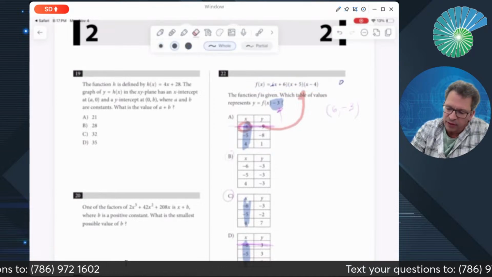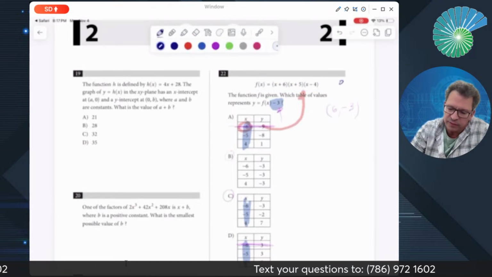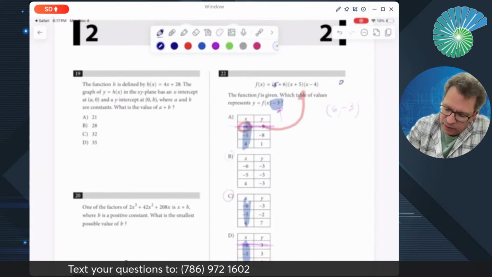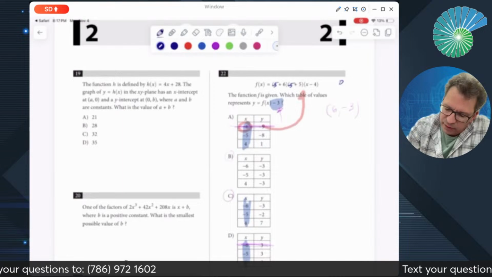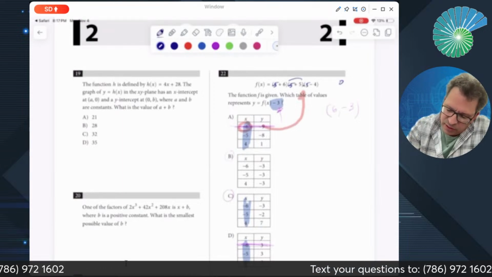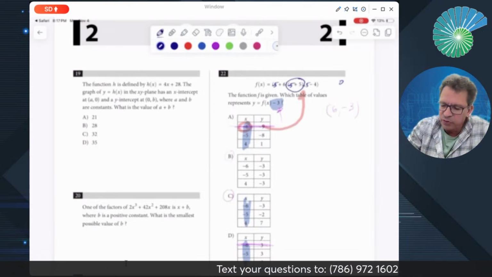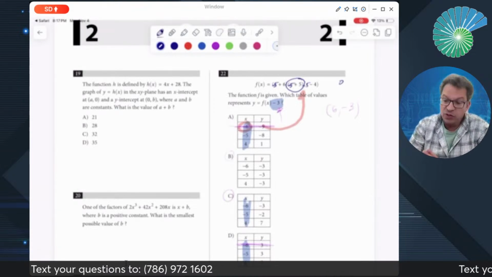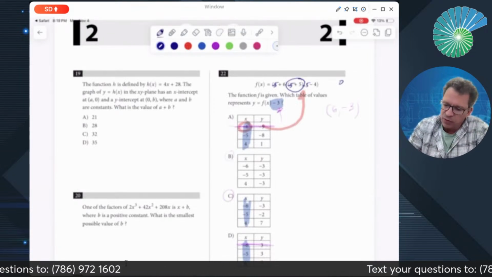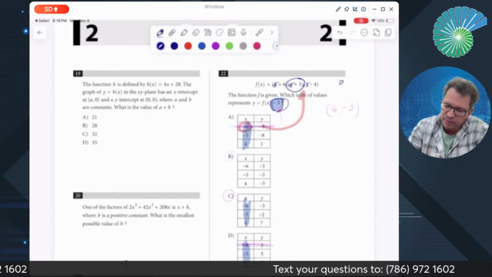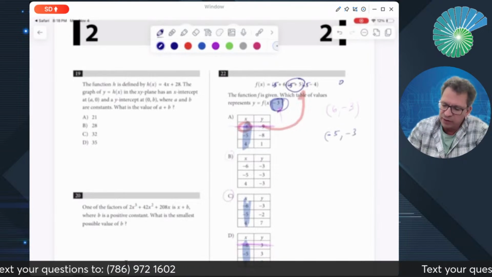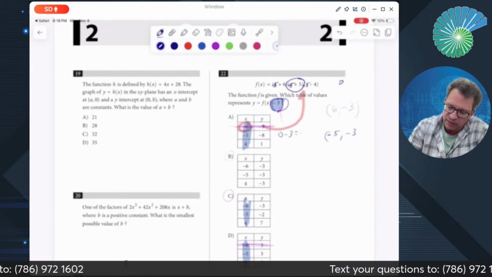If I plug in a -5 into that function, I again get 0 because I put -5 here, -5 here, -5 here, and this parentheses will also result in 0, and 0 times whatever is 0, and then I go ahead and subtract my 3, and then I get (-5, -3), because 0 minus 3 obviously is -3.